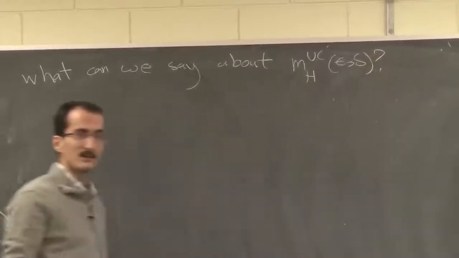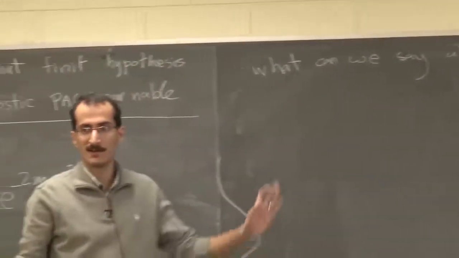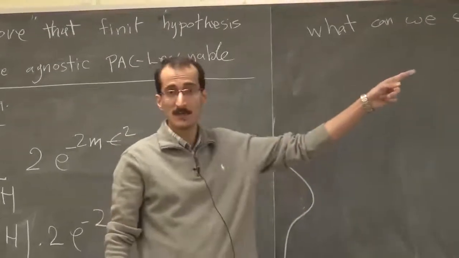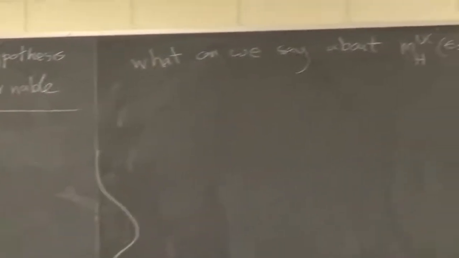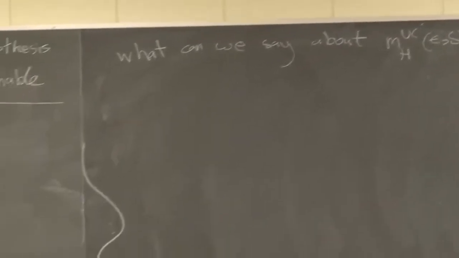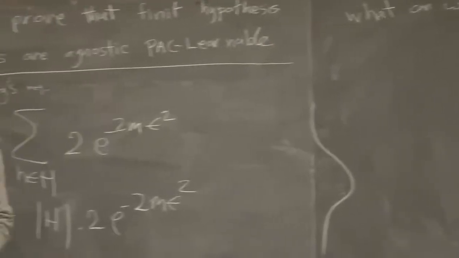I have bounded the probability of error, but I have not yet come up with some bound for the sample complexity. How can I reuse this to find a bound for sample complexity? Any suggestions?